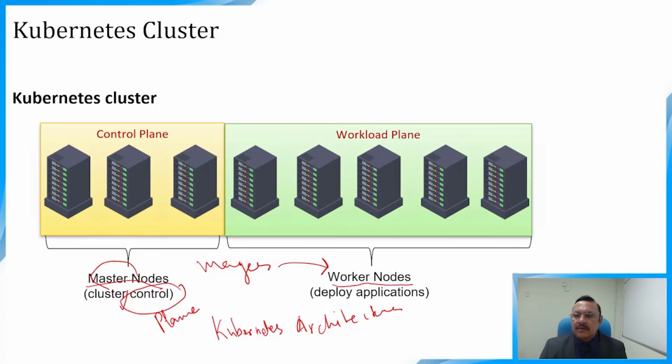The containers are deployed and executed on the worker nodes. These nodes can be virtual machines on premise or on the cloud, or physical servers. Now, the Kubernetes cluster in this figure is a collection of nodes that are divided into two groups.